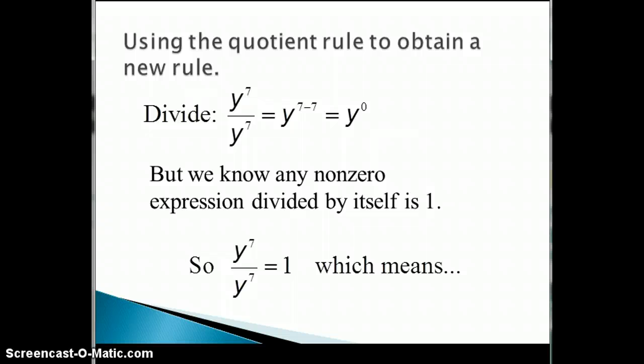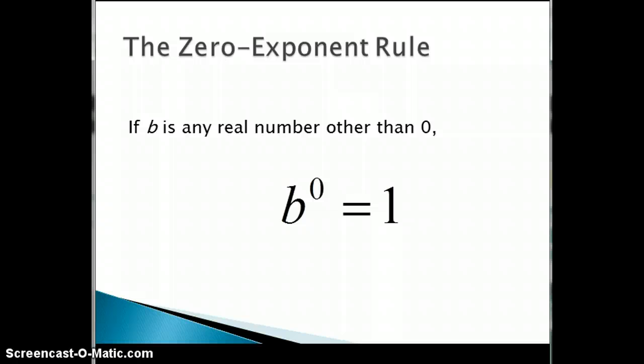So what that means is y to the 0 must be equal to 1. And that's how we get our next rule, which is called the zero exponent rule. So this rule says that if b is any real number, or of course an expression that represents a real number other than the number 0, then if we raise that expression to 0, the answer is always 1.